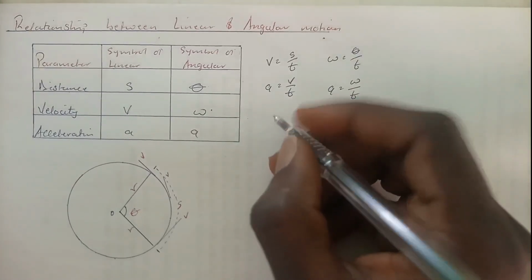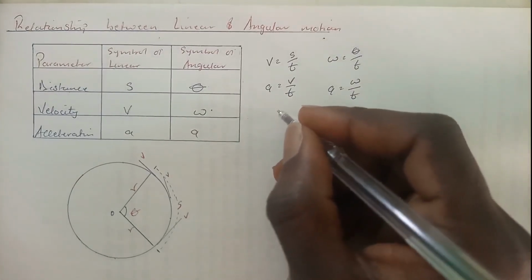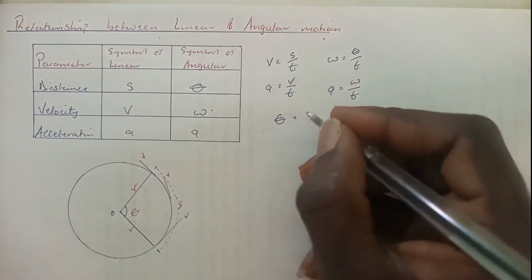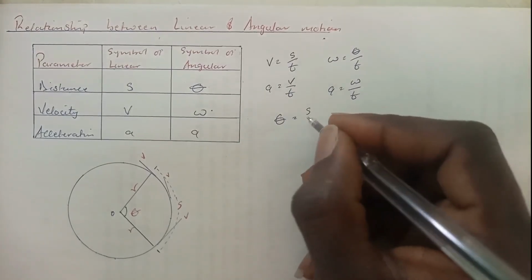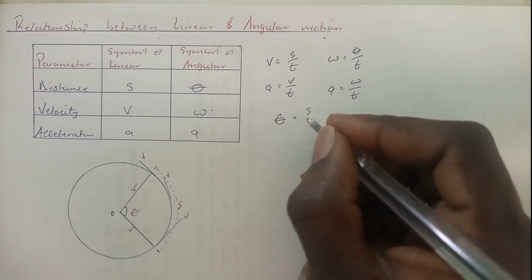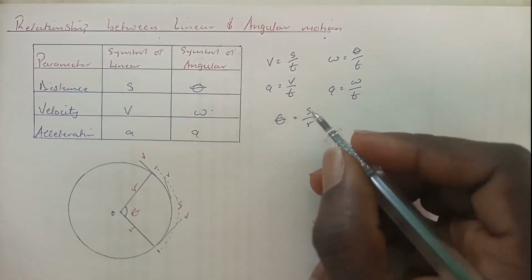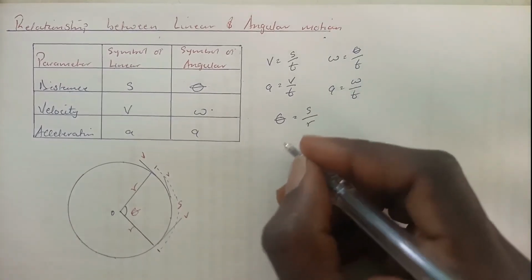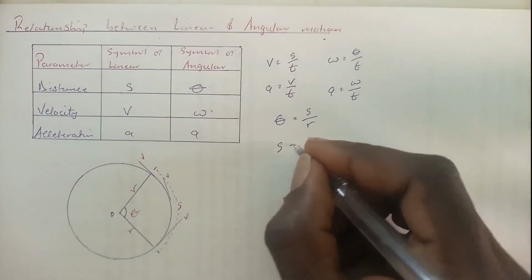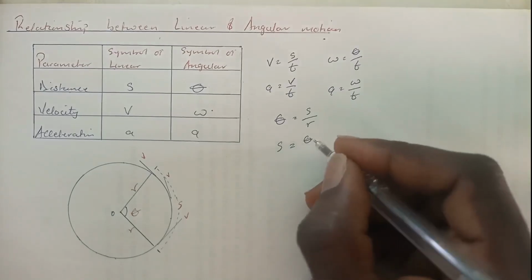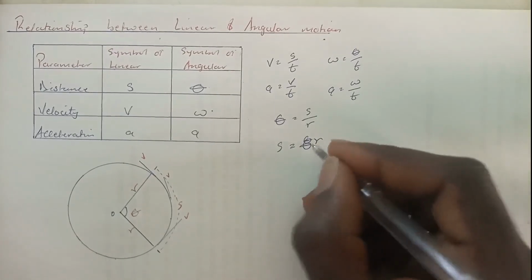We also know that our angular distance psi is simply the distance s with respect to r. Now making s the subject of the formula, our distance s is equal to theta r.